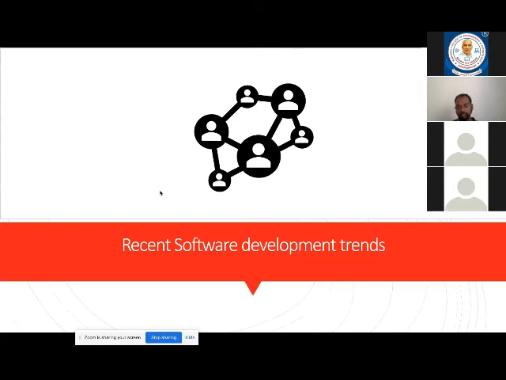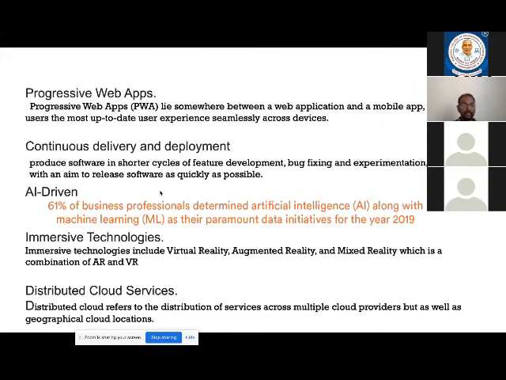So in today's world, what are the recent software development trends that are in place, and why is it booming? Because of this fast-paced world. We have something called progressive web apps, which are more similar to a web app and a mobile app, and use APIs for getting instant information.